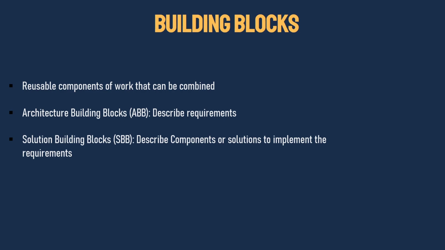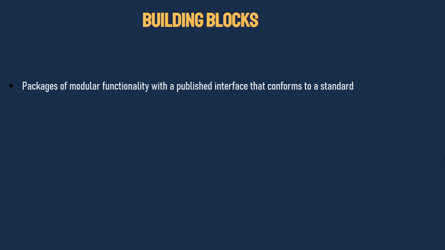that describes a need. Building blocks improve in level of detail as you progress through the ADM phases, starting from generic to finally becoming organizationally specific. Building blocks are a package of modular functionality with a published interface that conforms to a standard.